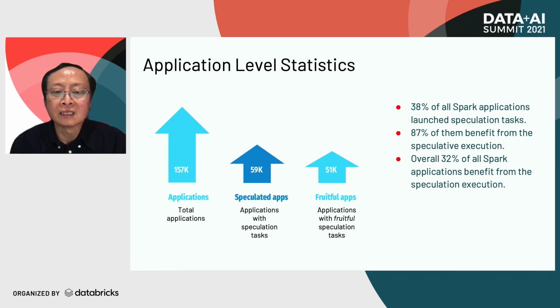It means that those applications have at least one fruitful speculation task. Overall, 32% of all Spark applications benefit from the speculative execution.